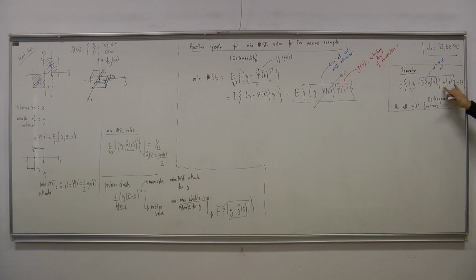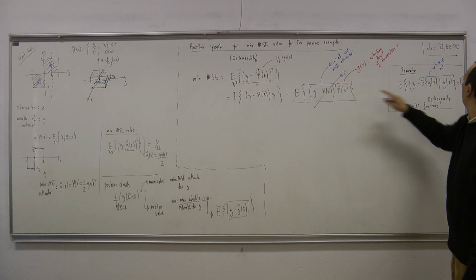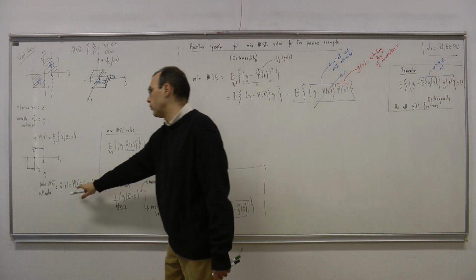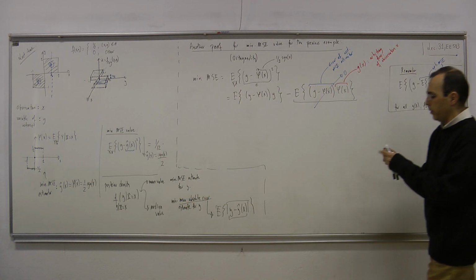So by processing x any further, I cannot create any dependence for the error, meaning I cannot do anything better than that. This is what we have proved. Now g of x is an arbitrary function, and my arbitrary function is this function right now. It's equal to 0, without doing any operation.